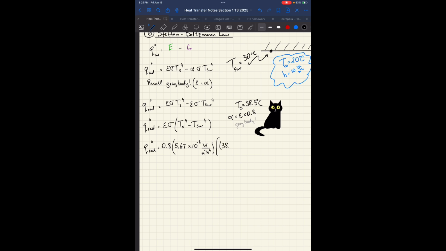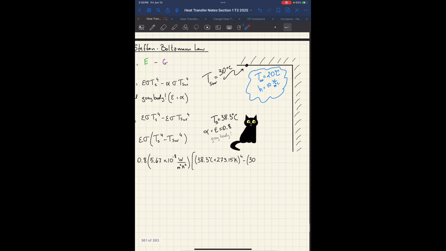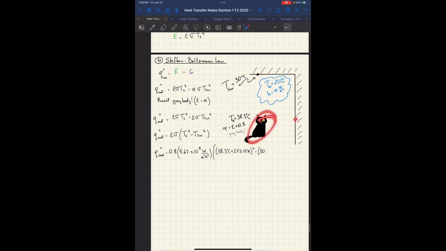So let's actually convert the cat surface temperature. I personally like to use 273.15. I feel like it gives me a little bit more accuracy. I round at the end, of course. Also, T surrounding. The radiation is from the cat to the surroundings, not to the air. The air is only for convection.